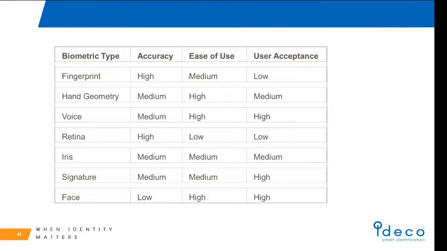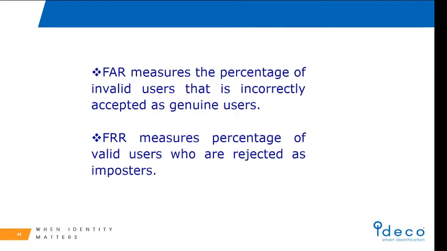But you can see some biometrics typically people want to steer away from. Other biometrics people engage with quite readily. So it is quite important when you look at what solution you're trying to put together, to look at a chart similar to this to decide which biometrics you should pair together for your specific solution.